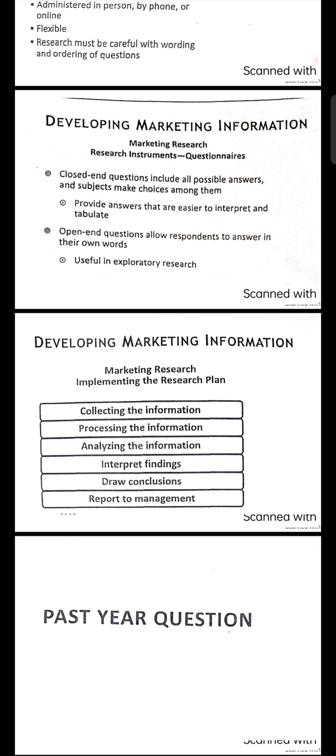On the marketing research instrument, the questionnaire has two types of questions you can ask. One is the close-ended question, which includes all possible answers and the subject makes a choice among them, providing answers that are easier to interpret and tabulate.